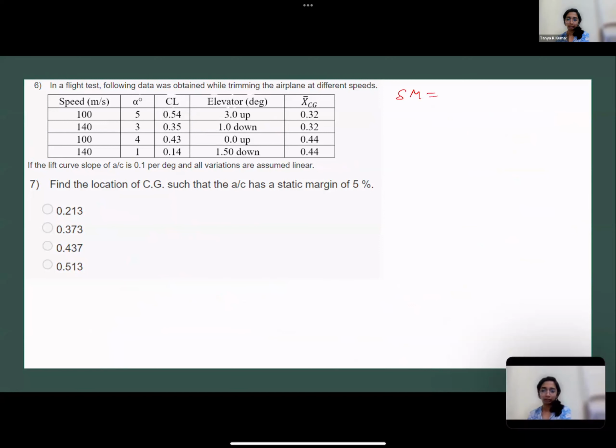How will you go about doing this? Very simple equation, static margin. Tell me how to do this. Previous question, that's your clue. In the previous question, you found out your neutral point. How will we use that here?